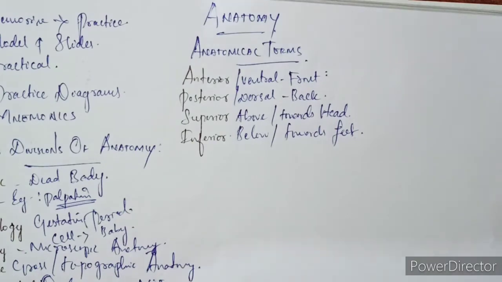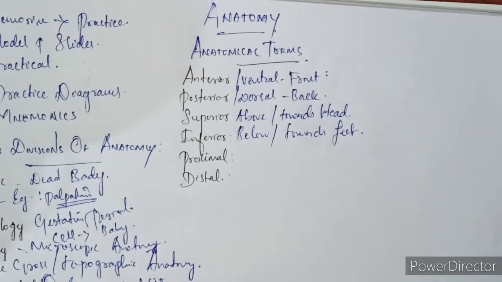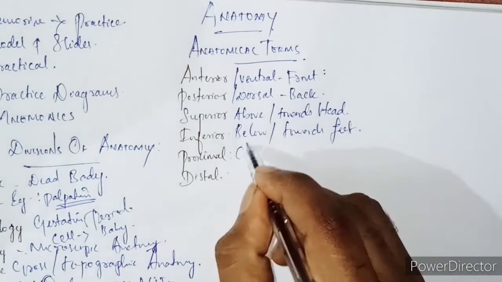So these are common terms to point out locations specifically. We have proximal and distal, which are mainly used only for the limbs, to discuss two points along a limb. For example, take the elbow and forearm. We say the elbow is proximal to the forearm. What is proximal?